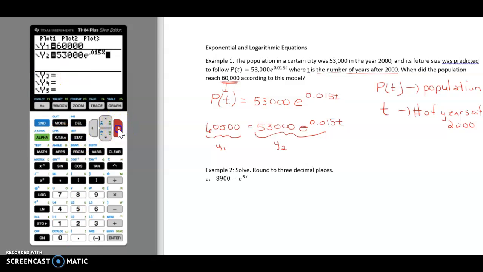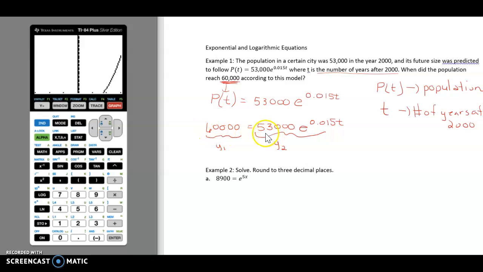Okay. And so we're going to go ahead and graph it. So what you're looking at basically, the 60,000 is a horizontal line, and this is an exponential graph.